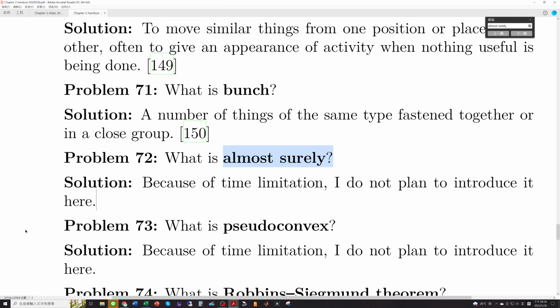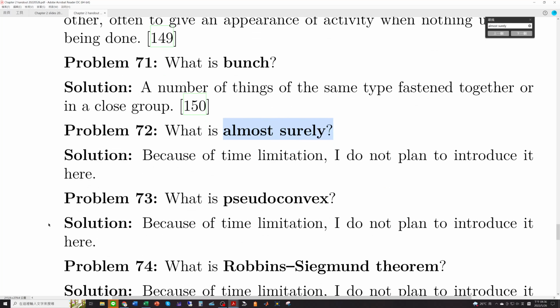Okay, so next let us see problem 73. What is pseudo-convex? Why do we need to know pseudo-convex? Let us search for pseudo-convex.